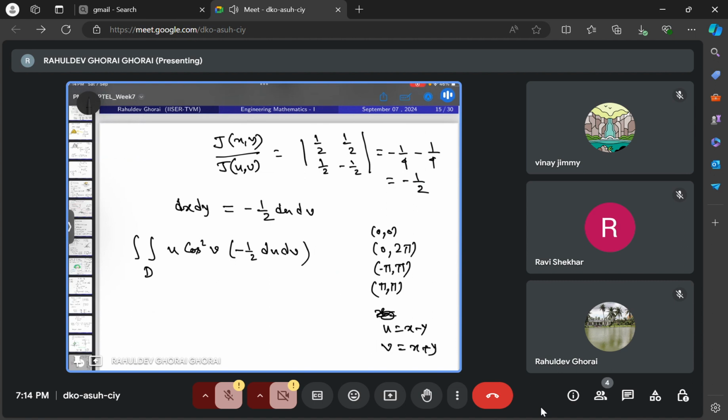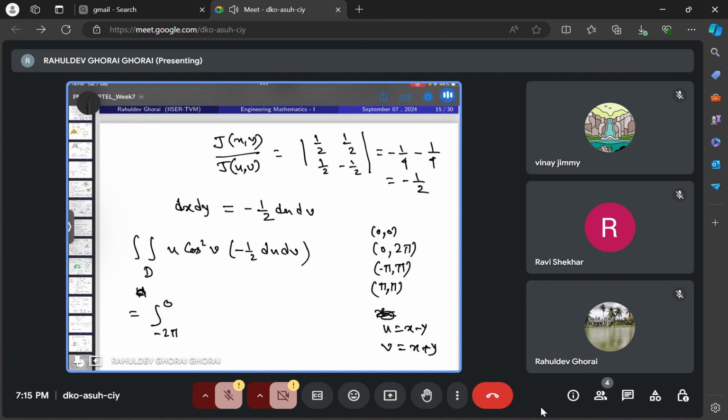So for u and v, what can you write here? For u equal to x minus y, when x is 0 and y is 2 pi, that will be the maximum, so minus 2 pi. It cannot go beyond that, since x is pi and y is pi gives 0, and pi minus 0 also, the maximum will be 0.